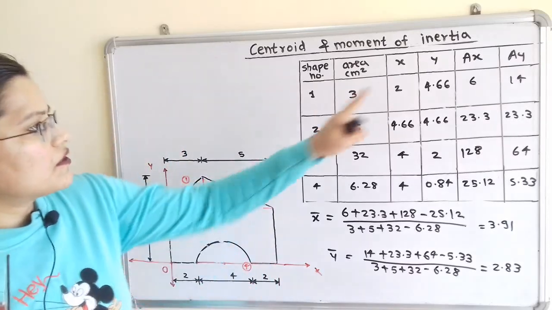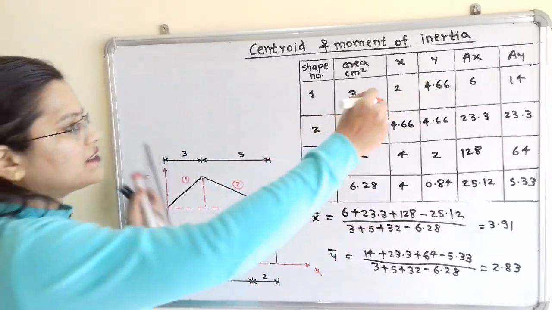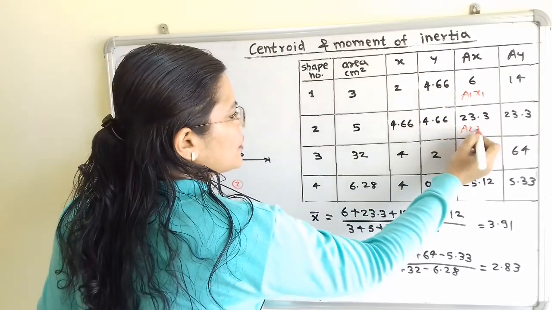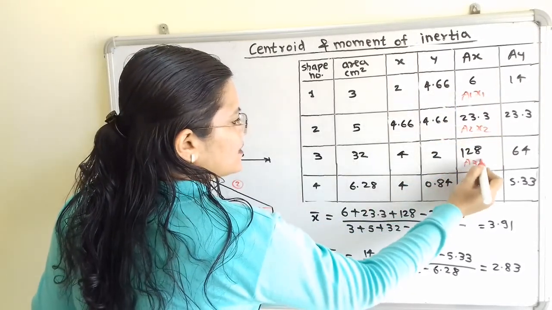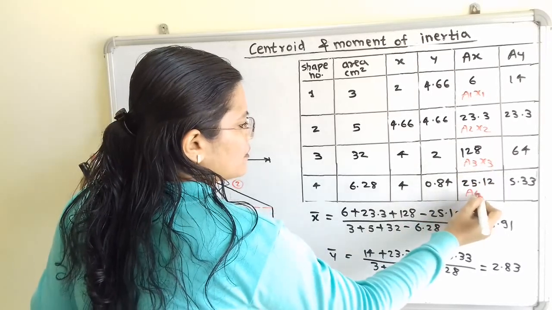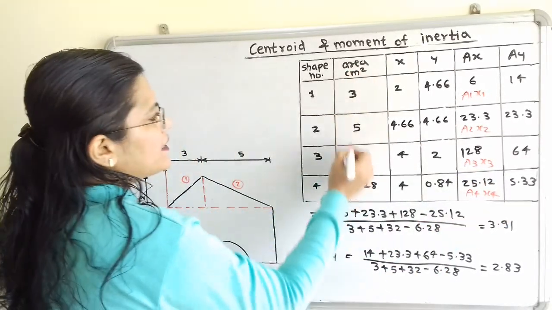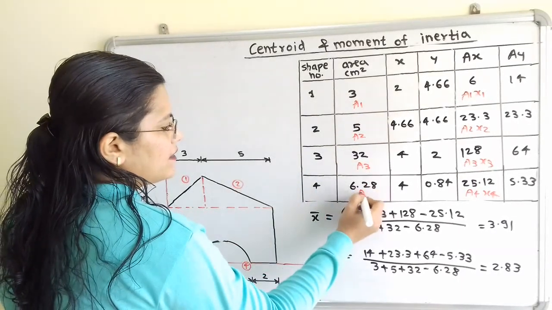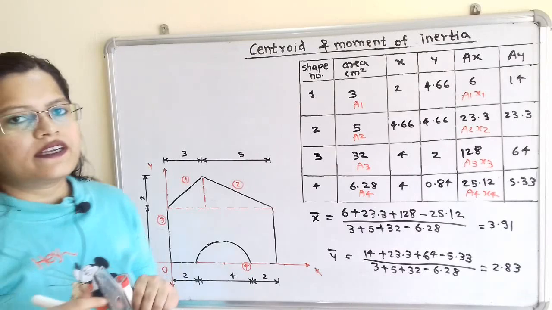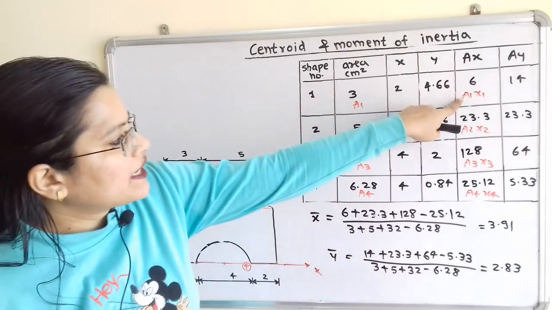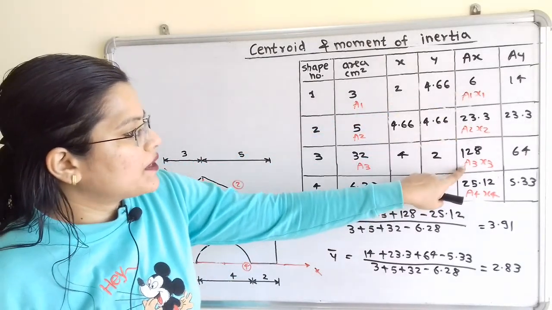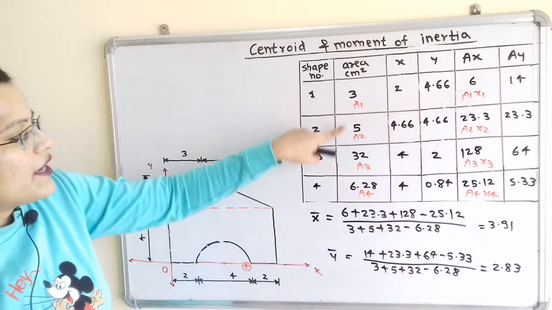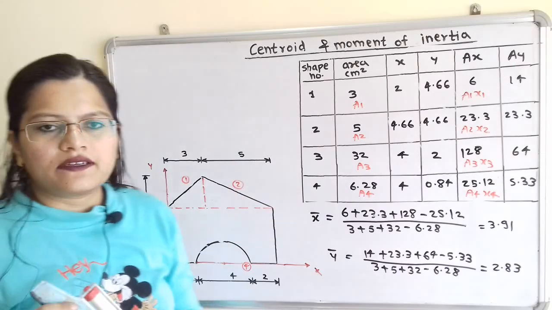So if we observe this column ax, then this is the value of a1 x1. Then for shape number 2 it is a2 x2, a3 x3 and a4 x4. Then area here is a1, a2, a3 and a4. So how to calculate x bar? So it is a1 x1 plus a2 x2 plus a3 x3 minus a4 x4 divided by a1 plus a2 plus a3 minus a4.